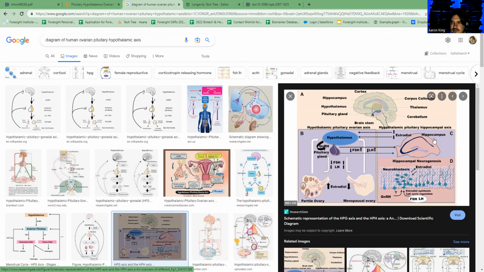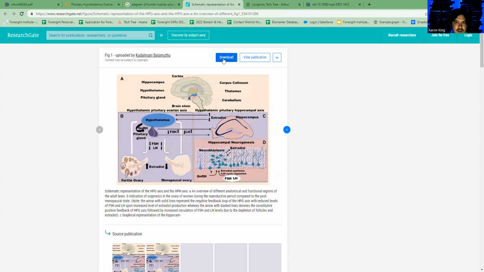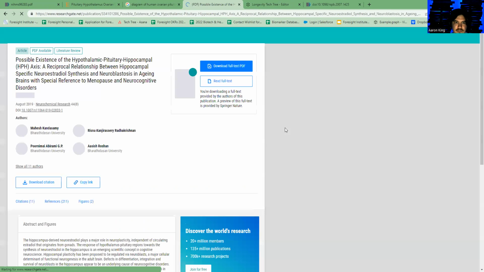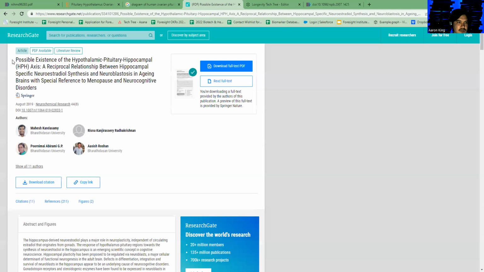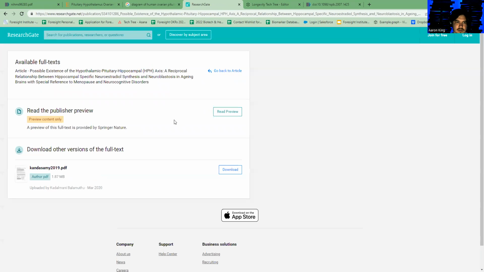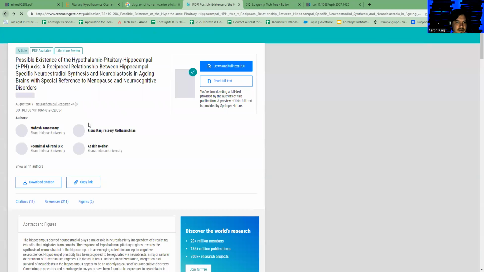Why is the hippocampus involved suddenly? Aging brains of special reference. When did this come out? 2019. Good Lord. Okay. Great.